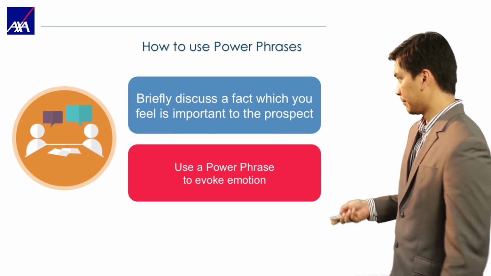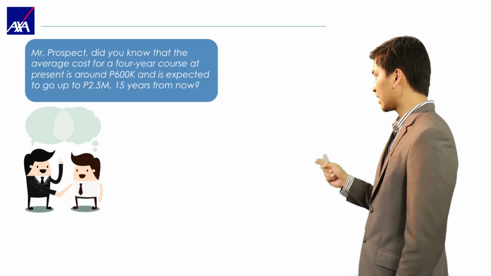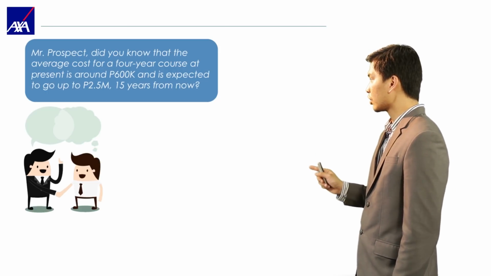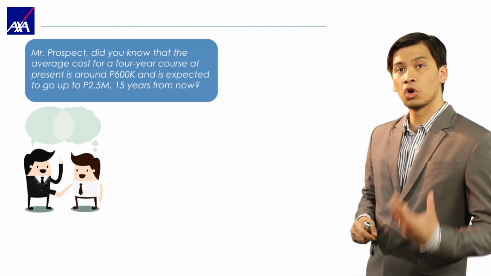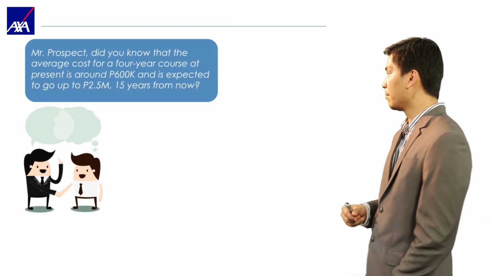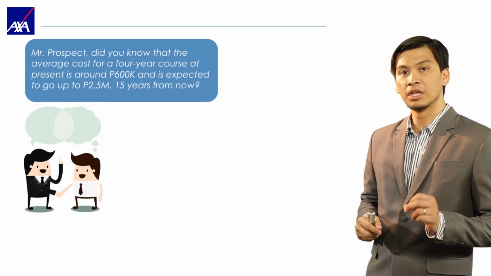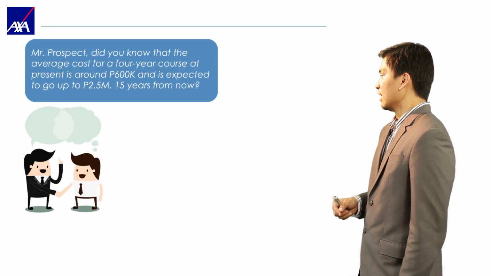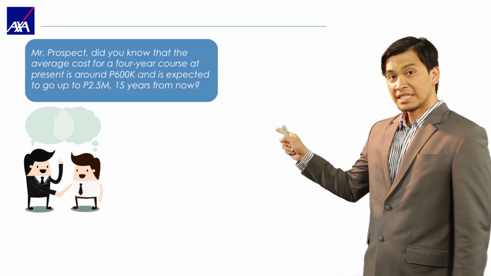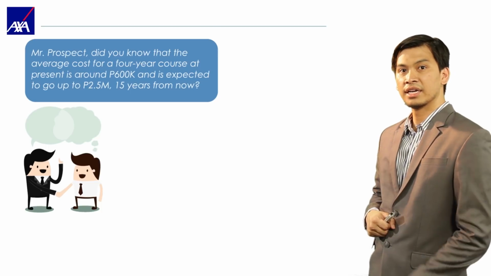Let me give you an example. Mr. Prospect, did you know that the average cost for a 4-year course 15 years from now is estimated to be at 2.5 million pesos? That's a fact. Here is the power phrase.